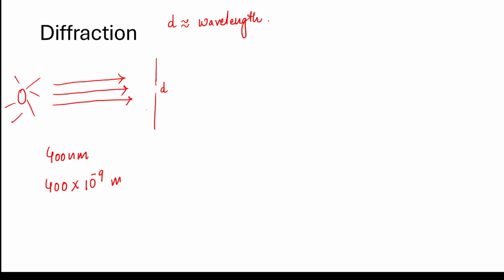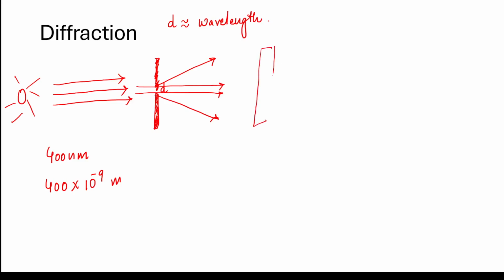If the slit is this small, then this light ray, which is supposed to go straight, would end up bending at the edge and entering where it should be completely dark. Think of this as a slit in a door. If you have a screen here, what would you see?